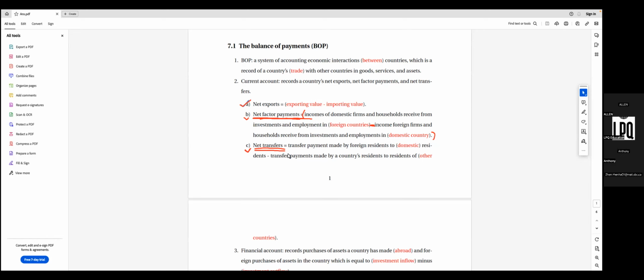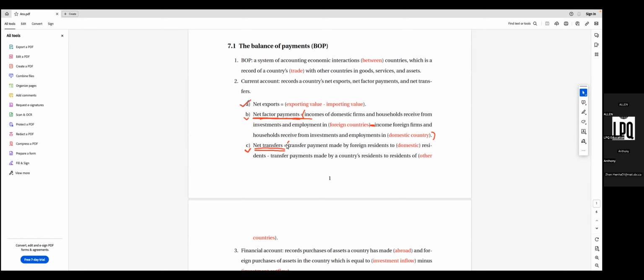And once again, the situation can be the opposite: American parents transfer money to maybe their Canadian relatives, Canadian children, or close friends. This kind of money is called net transfer.